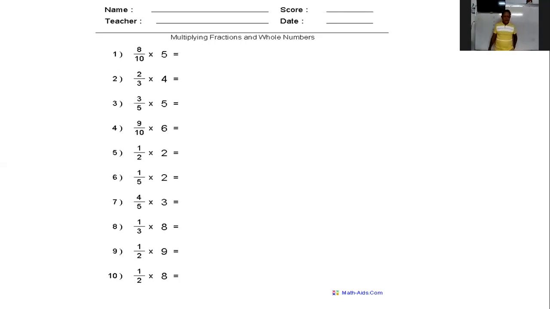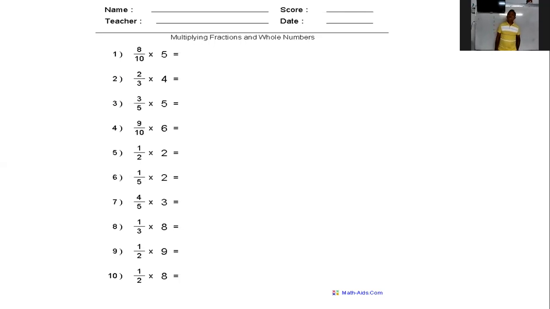Number 1 answer is 40 over 10. Number 2, we have 8 over 3. Number 3, 15 over. Number 4, you have 9 times 6 is 54 over 10. Number 5, you have 2 over 2.